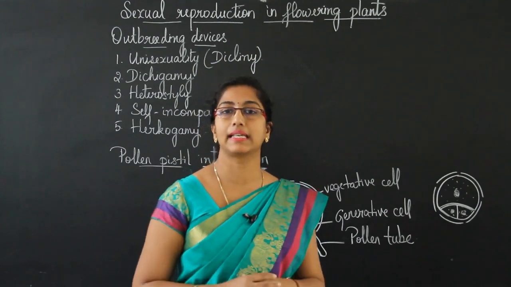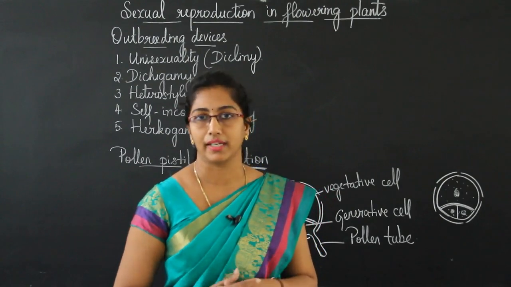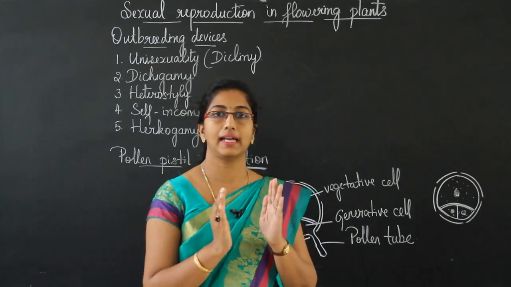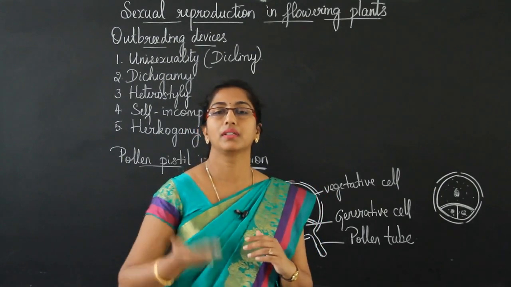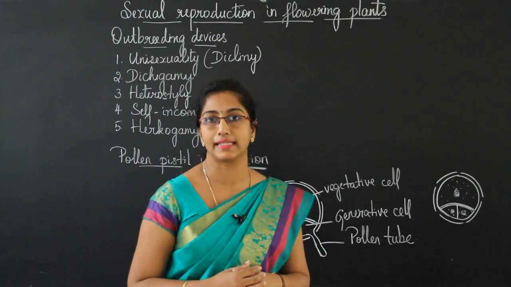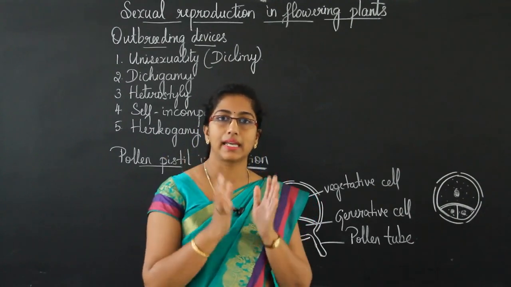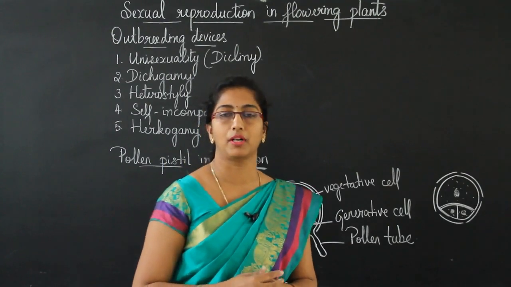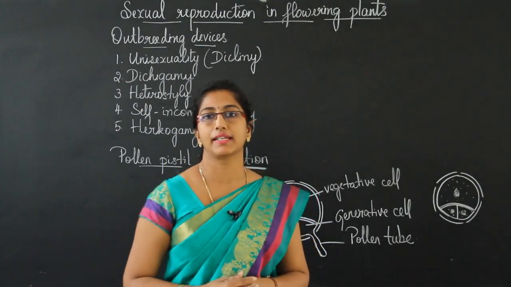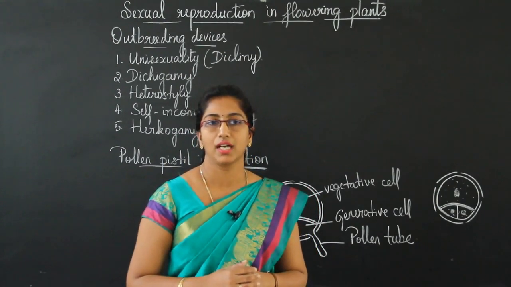So when that is the case, there is more possibility of self-pollination. It means a flower has anther and stigma close by, and when pollen grains are released, there is more chance that within the same flower the pollen grains may fall on the stigma and bring about pollination, that is, fertilization may happen. That is called self-pollination.